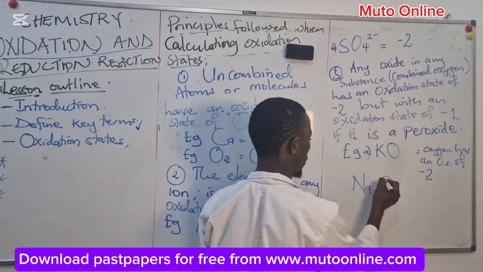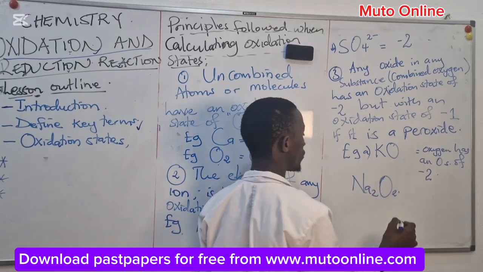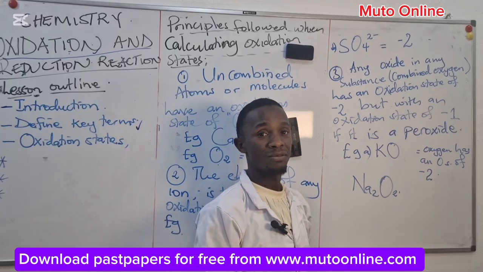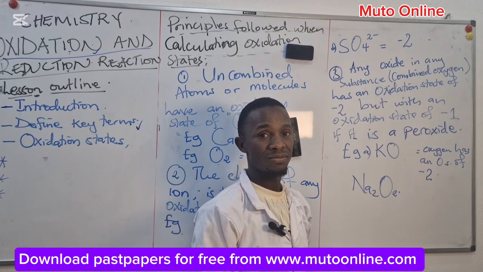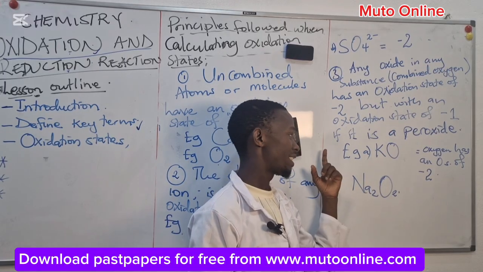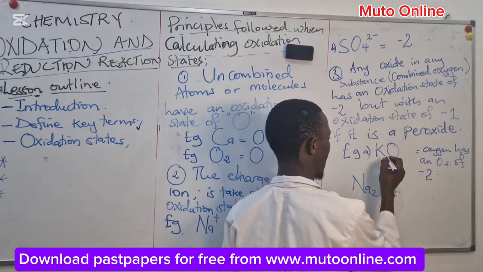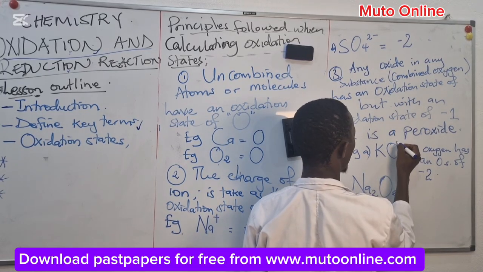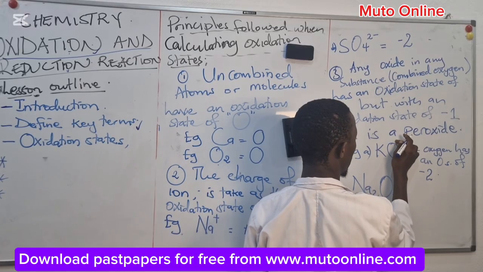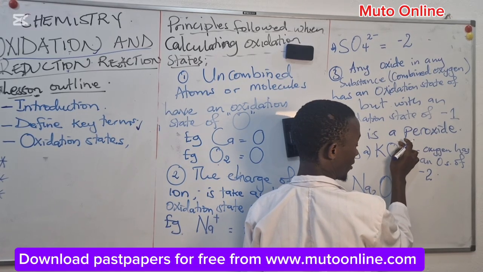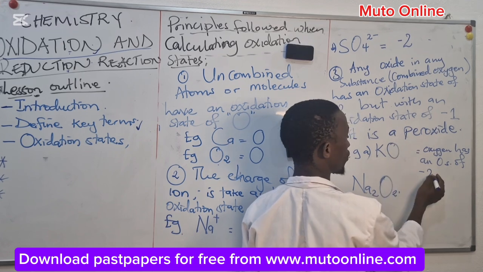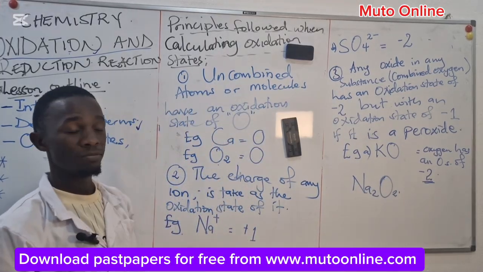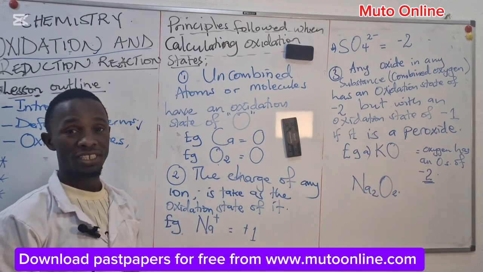Each of these peroxide atoms will carry an oxidation state of -1. So we should note this. So we are getting -2 because oxygen needs to gain 2 electrons during bonding. That's why we are giving it this oxidation state.